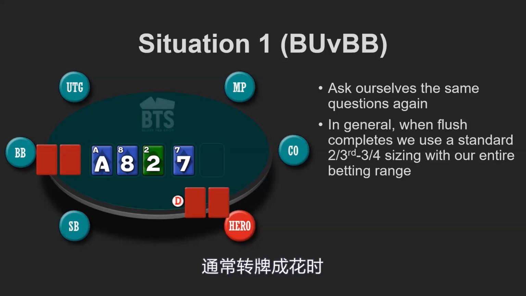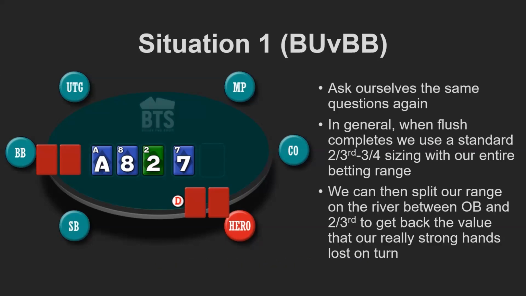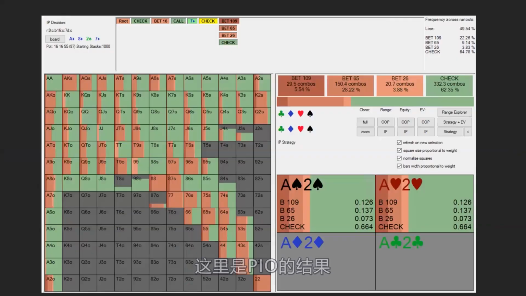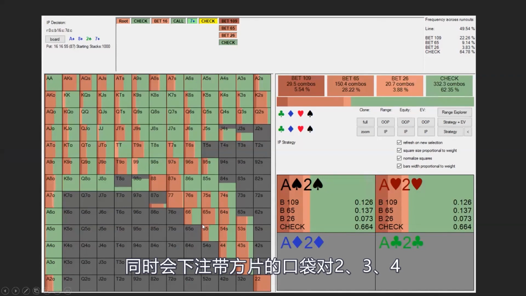Yeah, so in general, when a flush completes, we use a standard 2/3 to 3/4 sizing. And then I talked about it. Okay. So as you can see here, I posted the screenshot where we're still betting something like 30%, and we're still betting hands like ace 9 plus. Then it's still betting hands like pocket 3s, pocket 4s, mainly with a diamond.